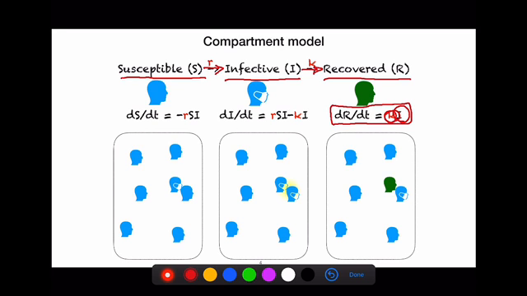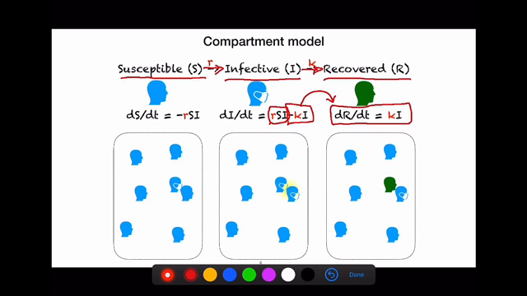So if you move back to the infective, you can simply take this value out, because this much will be moved to the recovered population. And there are incoming population to the infective compartment, which is proportional to ratio of susceptible population by the ratio of infected population over the total population.